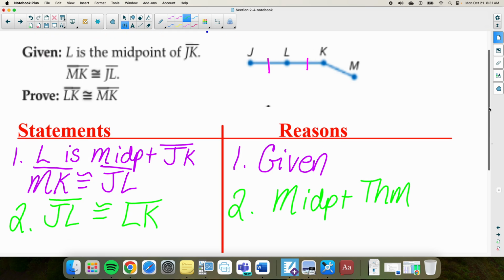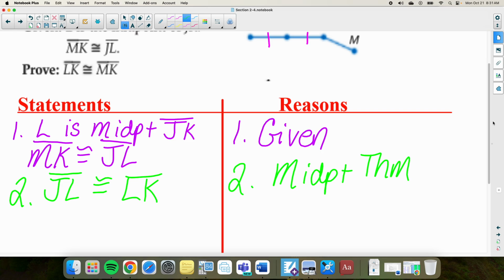Now, in a geometry proof, one of the ways you can help yourself when you get stuck is to look back at what you're trying to prove. We want LK to be congruent to MK eventually.